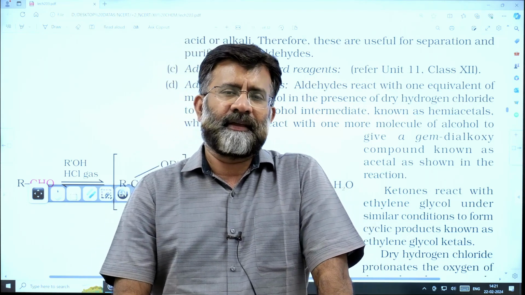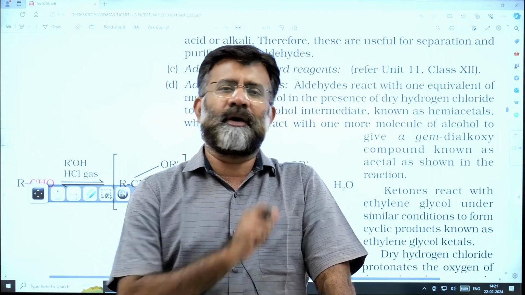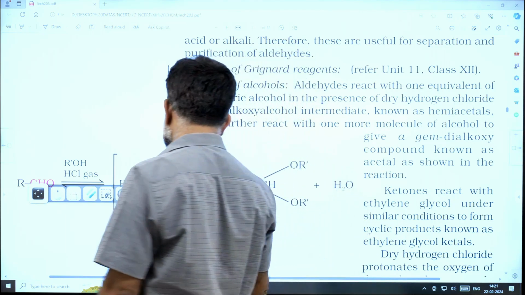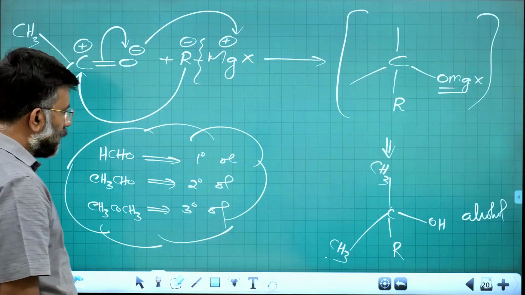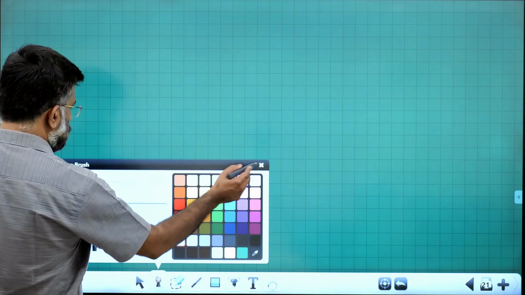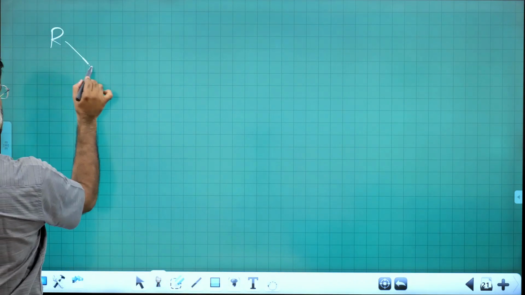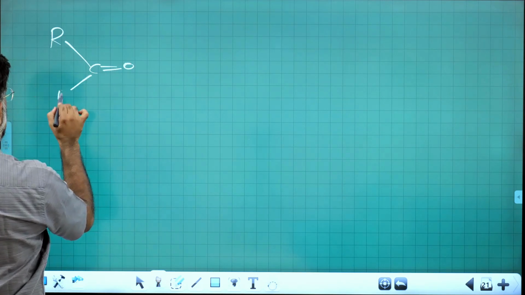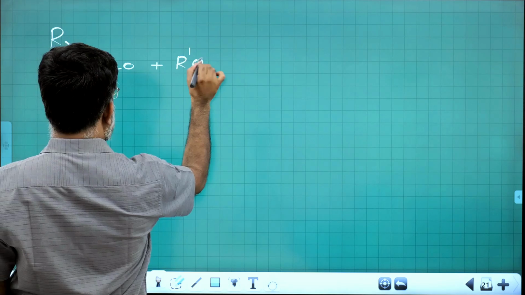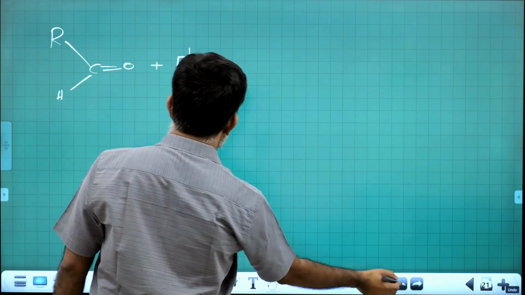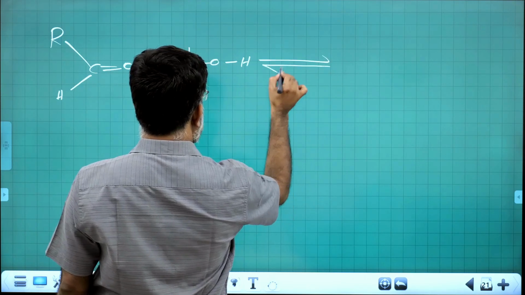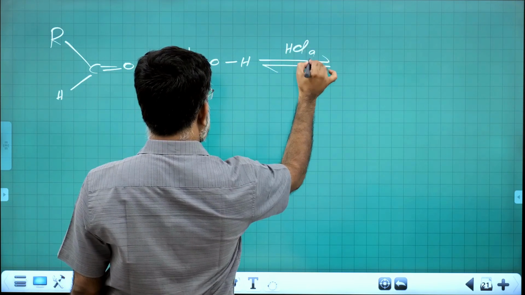Aldehydes get added with the monohydric alcohols in presence of dry HCl gas. Suppose I am taking an aldehyde, which interacts with the monohydric alcohols, R-OH, in presence of dry HCl gas.